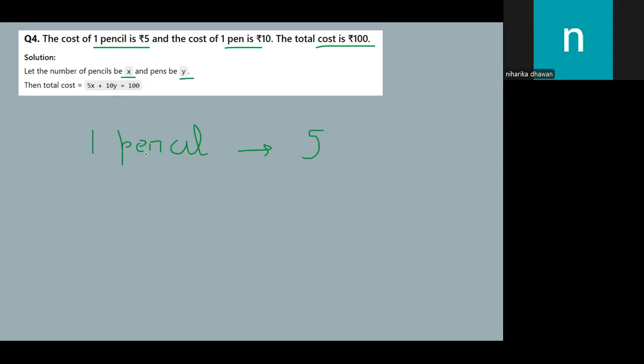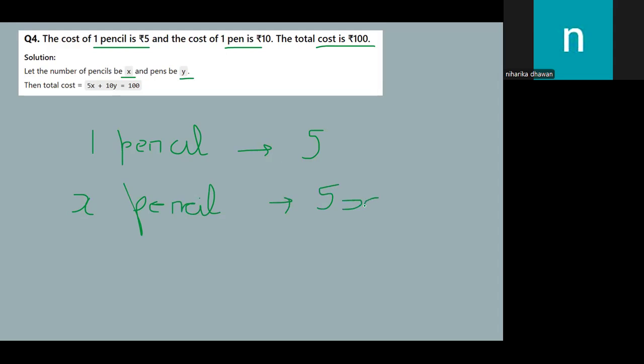So if the cost of one pencil is 5, it means the cost of x pencils will be rupees 5x.